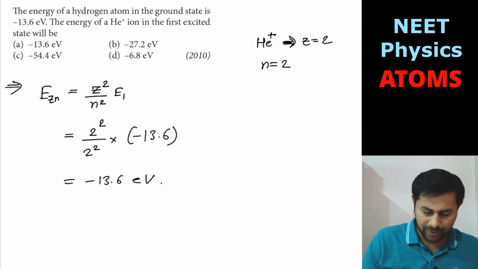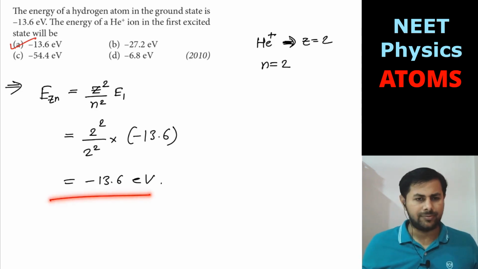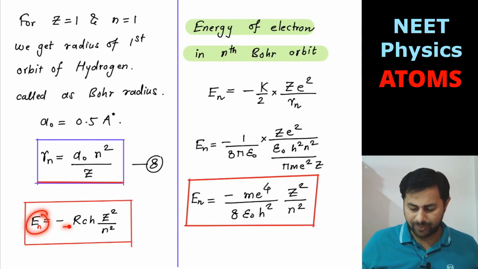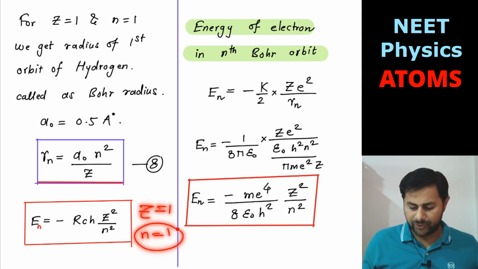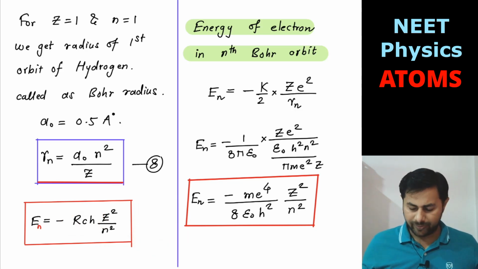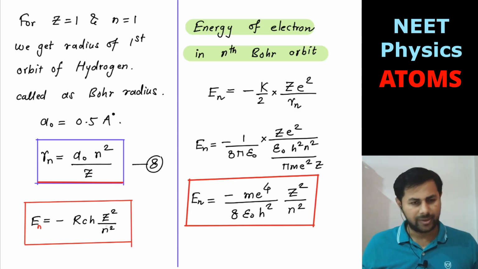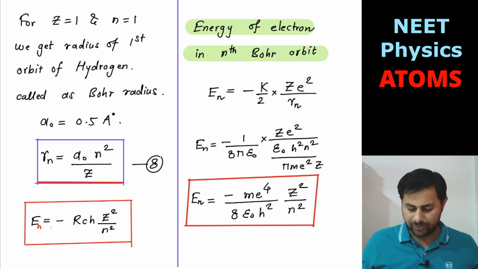So this was one of the simplest questions till now. This is clear? Here En is equal to minus of RCH Z square by n square. This is the formula. It's directly proportional to Z square, inversely proportional to n square, and if you put Z equal to 1, n equal to 1, you get the energy of the hydrogen atom for the first orbit, which is just minus RCH, that is minus 13.6 electron volts.